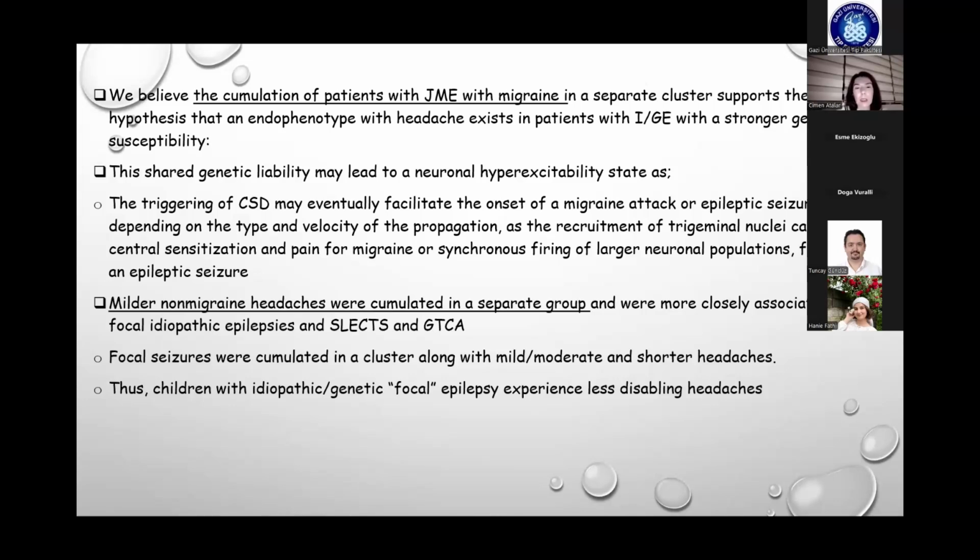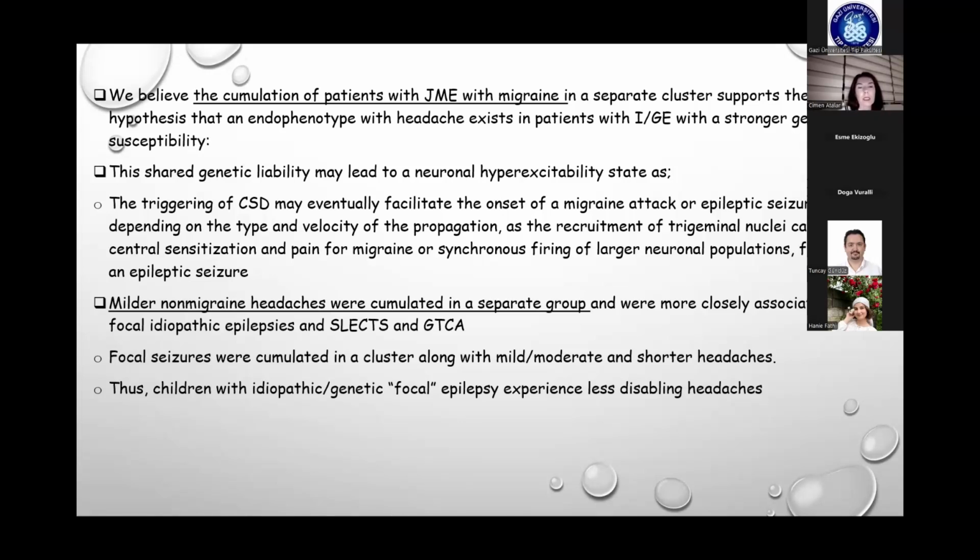This shared genetic liability may lead to a neuronal hyperexcitability state, as the triggering of cortical spreading depression may eventually facilitate the onset of a migraine attack or epileptic seizure, depending on the type and velocity of the propagation, as the recruitment of trigeminal nuclei can result in central sensitization and pain for migraine, or synchronous firing of larger neuronal populations followed by an epileptic seizure.